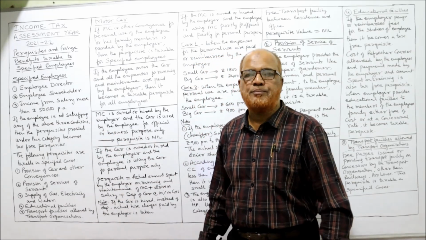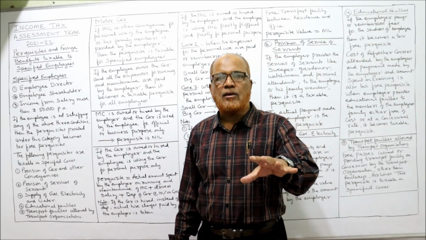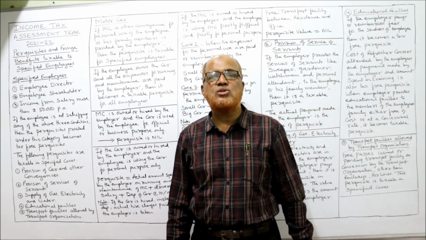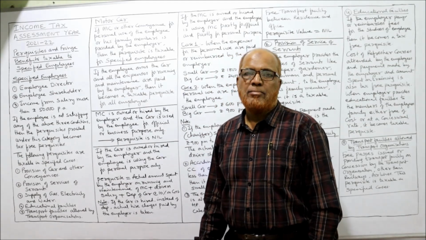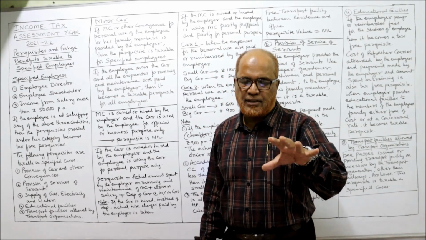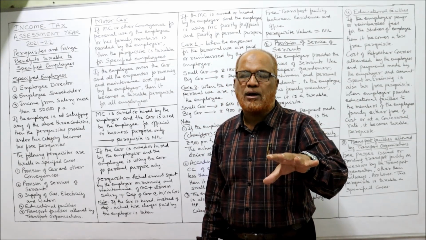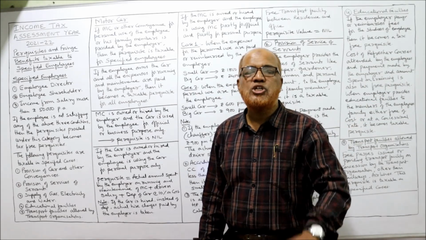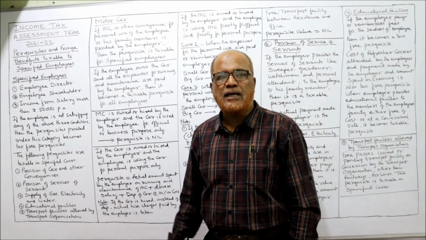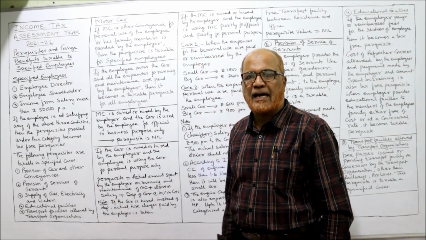Secondly, employee shareholder. An employee who is also holding shares of the company, not less than 20%. If an employee is holding 20% or more of the shares of the company, then he is called an employee shareholder. For them, again, these perquisites will be taxable.